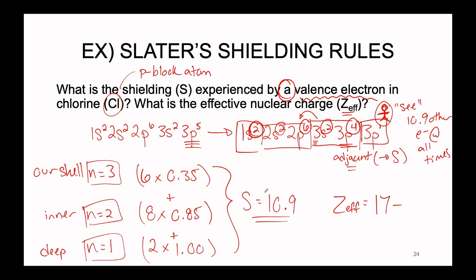And we're going to subtract out that shielding factor that we just calculated, a total of 10.9. This gives us a grand total of 6.1, and this is equal to the number of protons that are seen by the valence electron that we're hanging out with. So we see a total of 10.9 electrons, and we see a total of 6.1 protons.